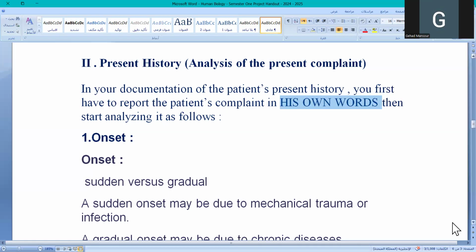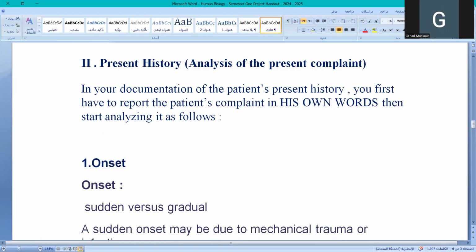So you will ask about, first of all, the site of that pain. The site is not written here, but the site is important. So before asking about the onset of the pain, we would say, number one, the site of the pain. Where is the pain exactly? Is the pain in the knee joint? Is the pain in the muscle above the knee joint, etc.? So number one, the site.